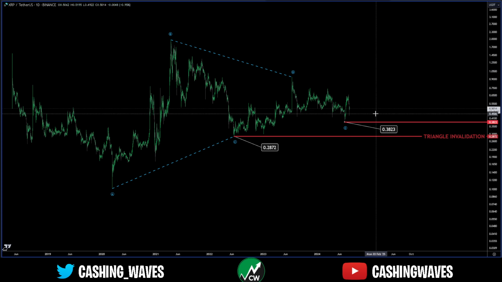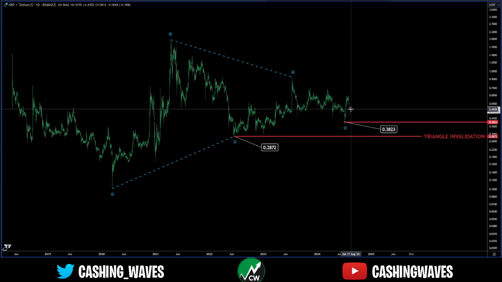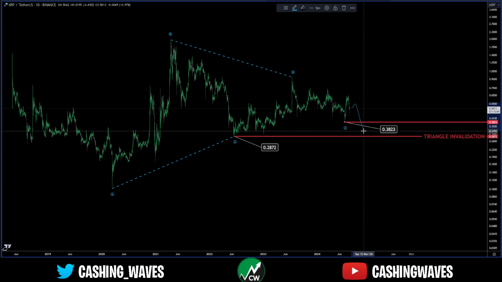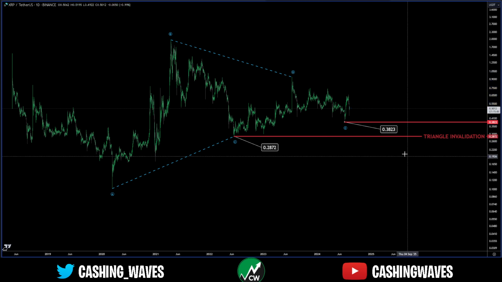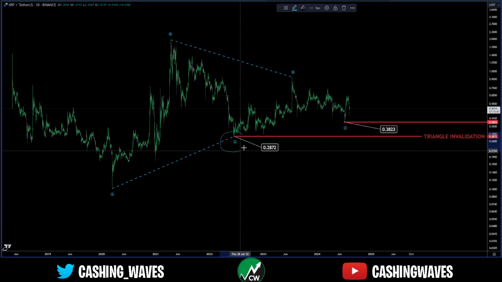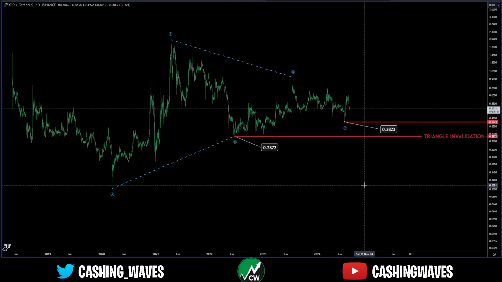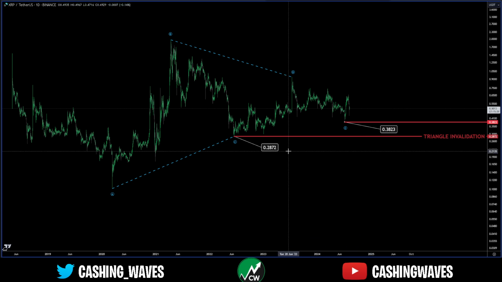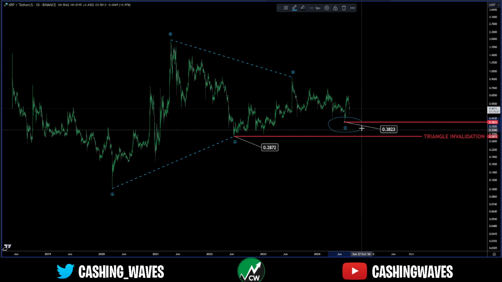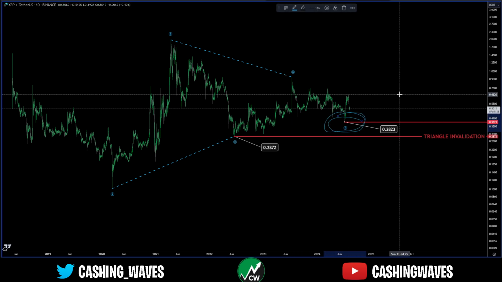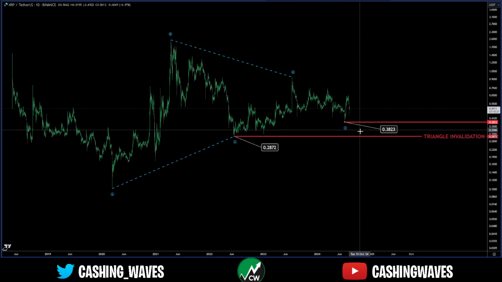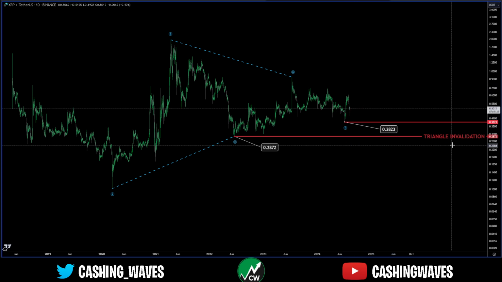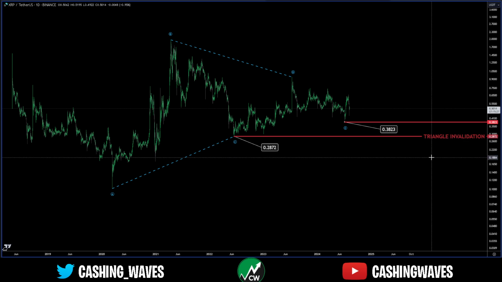But it's important to note that our triangle, even if we make another low and then start to rebound, is not technically invalidated till we come below the C wave low, which is at 28.72 cents. But for this video's purposes, I have the E wave in, and we're looking to recover from here. If this happens to fail, it doesn't mean the triangle is invalid. It's invalid at 28.72 cents.